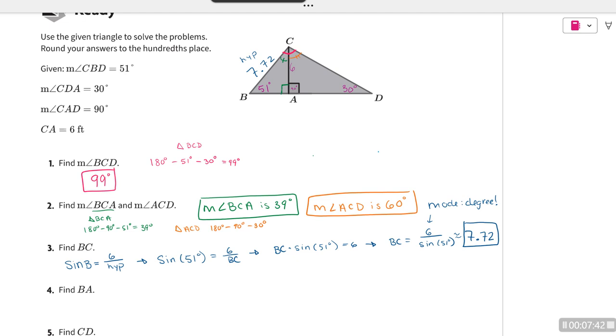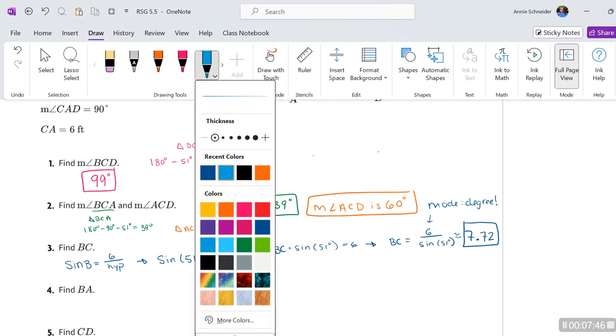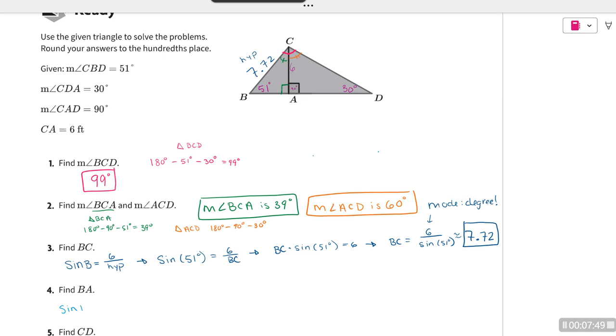This time let's use cosine, so I'm going to change up my color here. I can use angle B. So cosine is adjacent, the BA side, over hypotenuse.